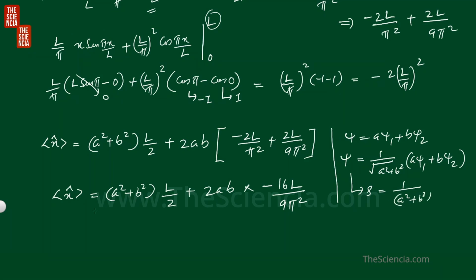So in this expectation value, we have to multiply this entire term by a squared plus b squared. That is, for the normalized wave function, the expectation value of x is equal to L/2 minus 32ab/(a squared plus b squared) into L/(9π squared). So this will be the final answer.